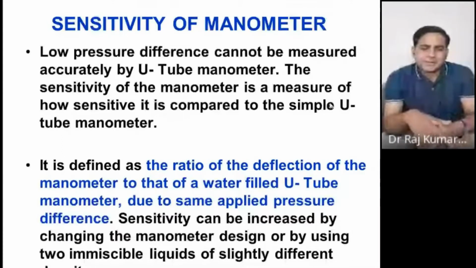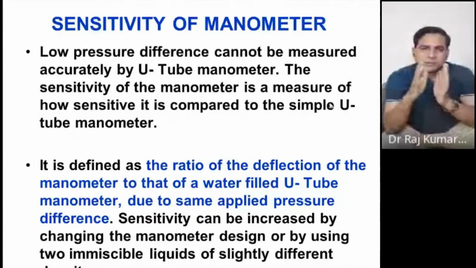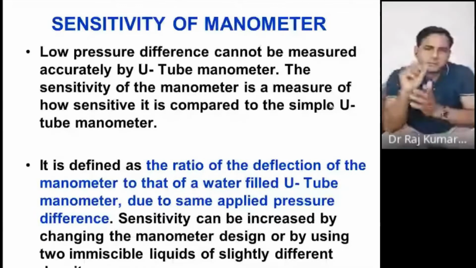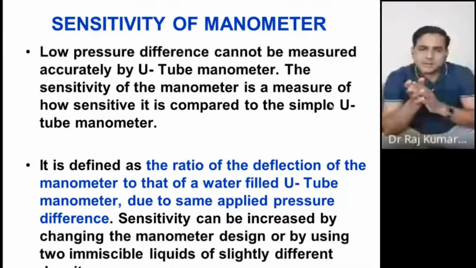Now how to define it? The definition is simple here. First you measure that particular delta H vertical for a water U-tube, and now you calculate that particular thing in some other fluid here. Now you take some other fluid, and the ratio of the deflection of the two is called the sensitivity.